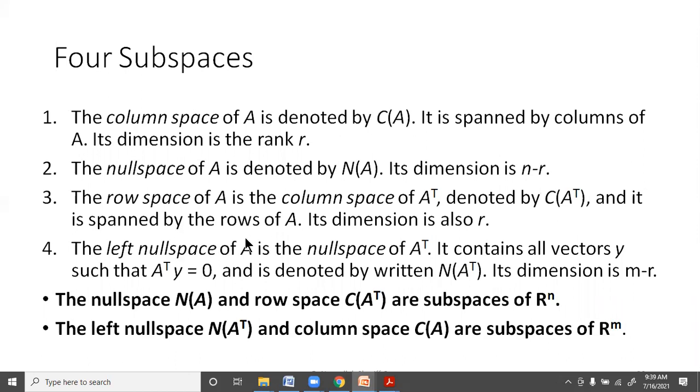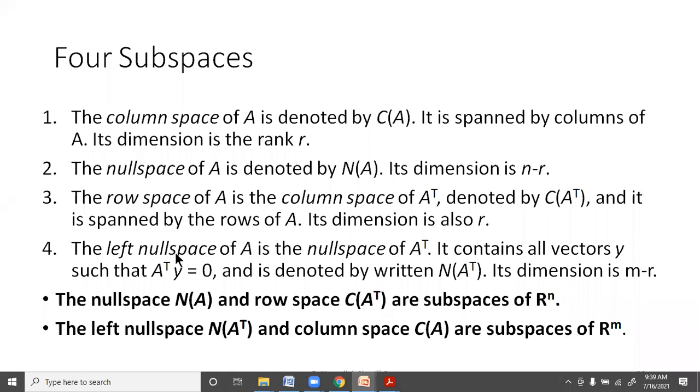Similar to how the row space of A is the column space of A transpose, the left null space of A is the null space of A transpose. You take the matrix A, take its transpose to get A^T, and take the null space of that A^T, which corresponds to the left null space.